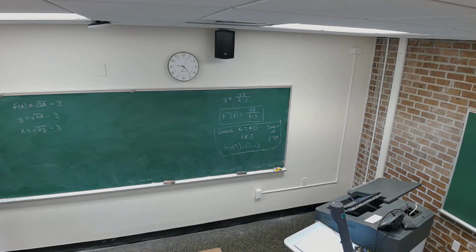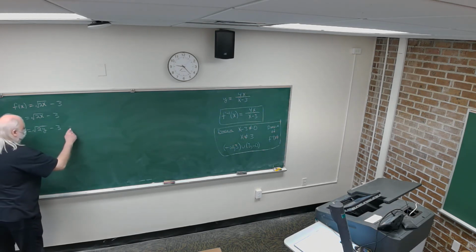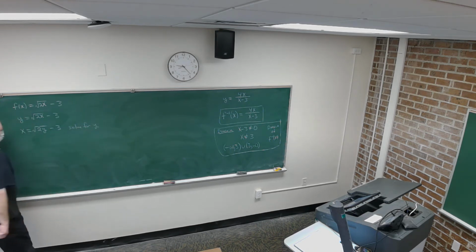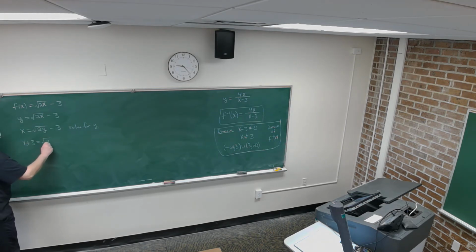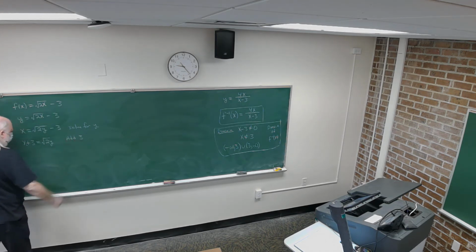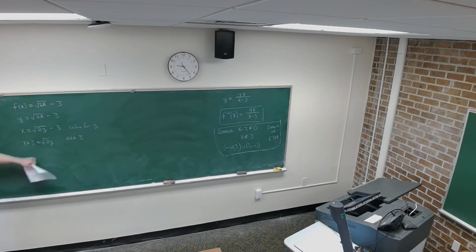Now solve for y, right? So we're going to add 3 to both sides. Get x plus 3 is equal to square root of 2y. And now, you know, squaring undoes square root, so we square both sides.